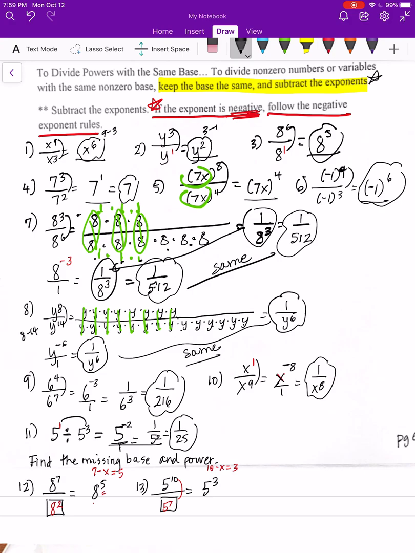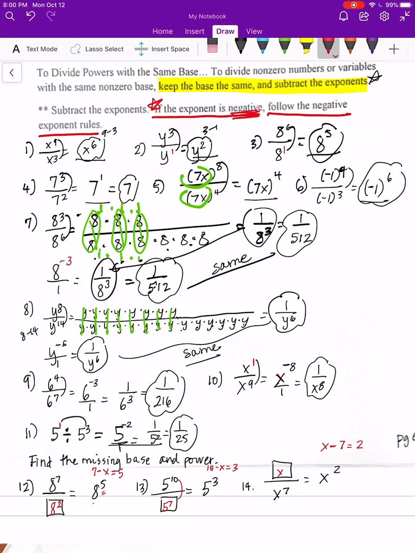All right, now I'm going to change it up a little bit. The box this time is going to be on top. So now you've got blank over x to the 7th power equals x squared. Be careful. The base isn't too hard. Obviously, you know that's an x, but now you have to think about the exponents. Be careful this time because it's blank minus 7 equals 2, and the answer is not 5.